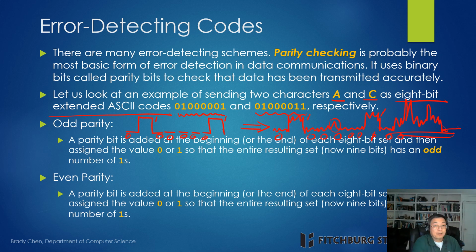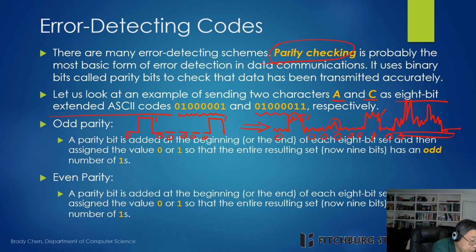So there are many error detecting schemes which allow people to detect whether there's error introduced during the transmission. Okay. Now, the parity checking is probably the most basic form of error detecting in data communications. Now, the idea is very simple.